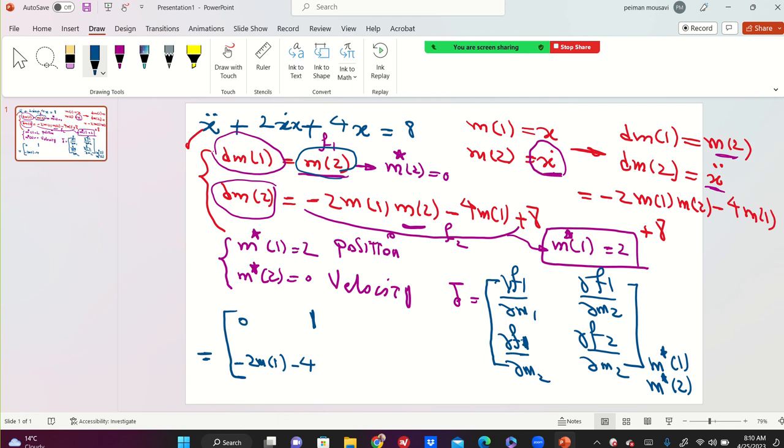Sorry guys, I made a mistake here. With respect to M1, it is minus 2 M2 and minus 4. Now with respect to M2, the only term is here: minus 2 M1. At where?